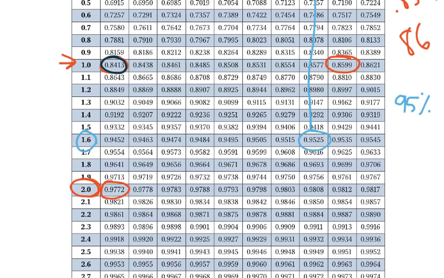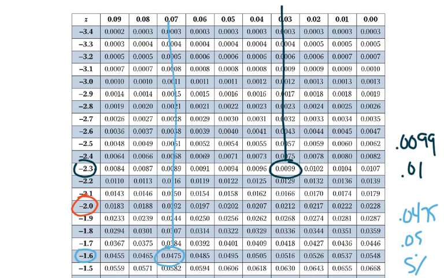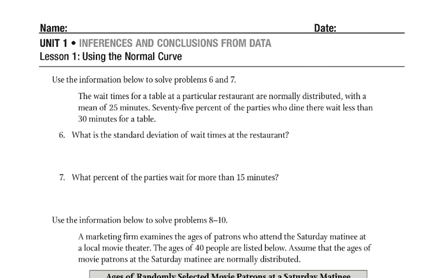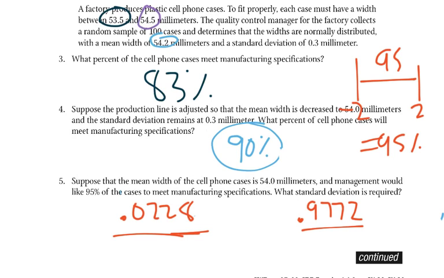And a negative 2.00, so we go to the other end on this one, would be 0.0228. So this time I'm actually going backwards. We're saying to get 95%, it's going to be this one minus this one, the right side minus the left side, and that has to equal 95%.